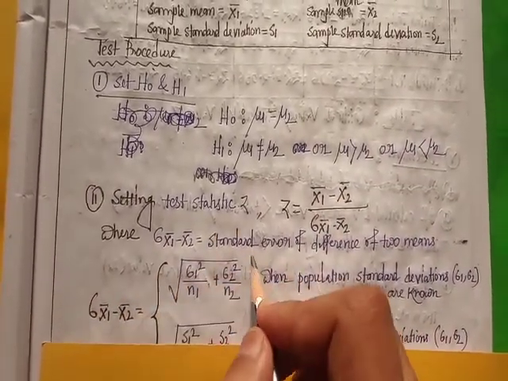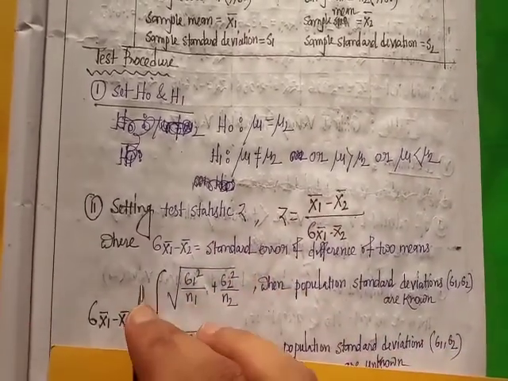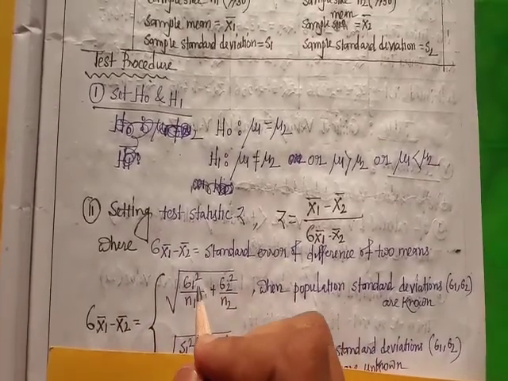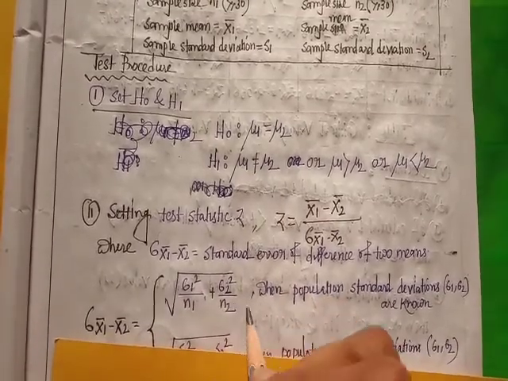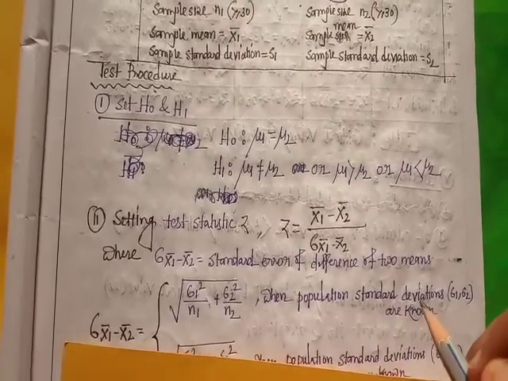This standard error of difference of two means, sigma x1 bar minus x2 bar, equals root over sigma 1 square by n1 plus sigma 2 square by n2 when the population standard deviations sigma 1 and sigma 2 are known.